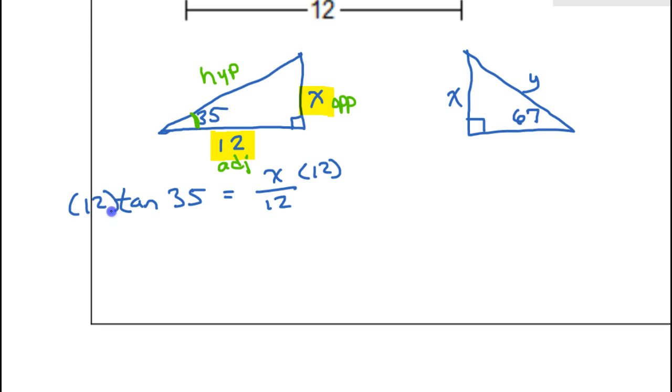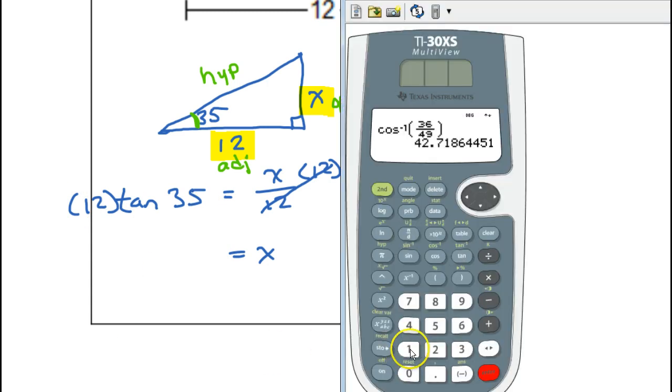So I'm just going to multiply by 12. That way these will cancel out. And you can just put this in your calculator. That is 8.402.